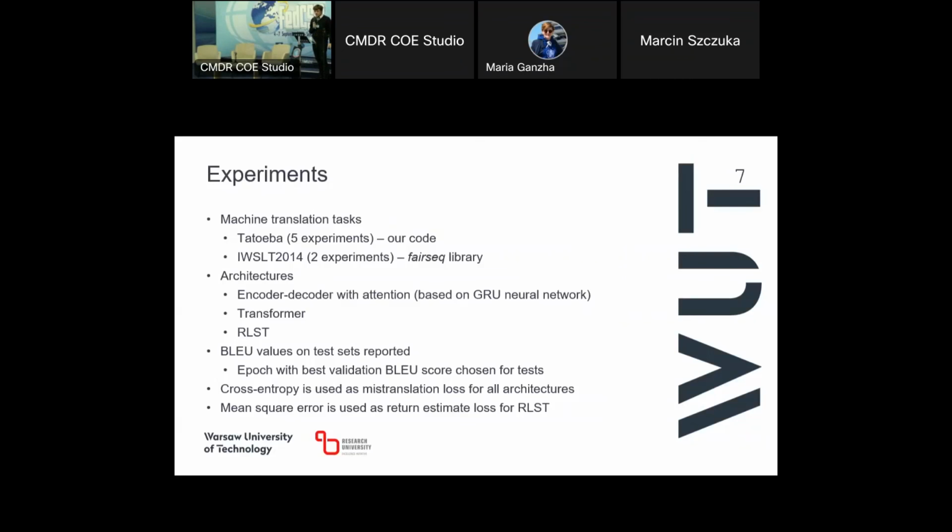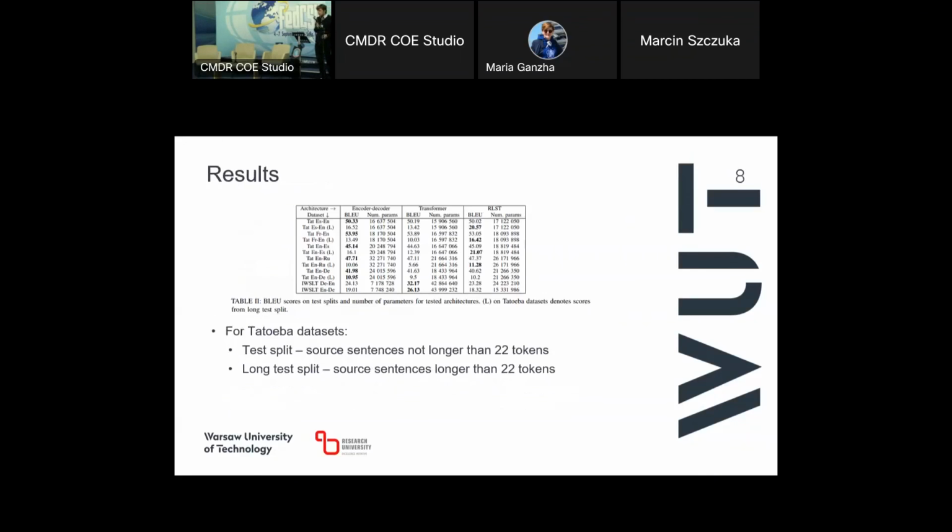IWSLT is smaller than many Tatoeba datasets. I think it is tens of thousands of sentences, but this is the benchmark that was defined as a competition in 2014. So the translations are a bit harder, which we can see in these results, where Tatoeba sets have much higher BLEU values and IWSLT is a lot lower.